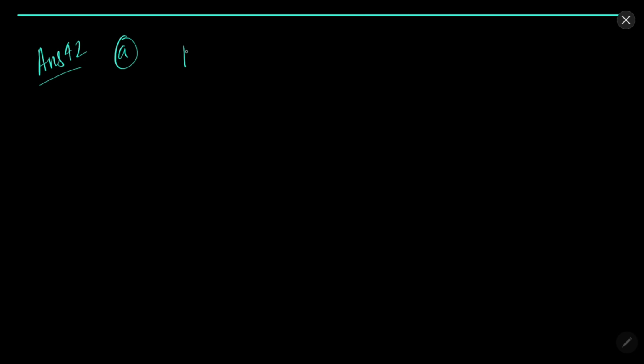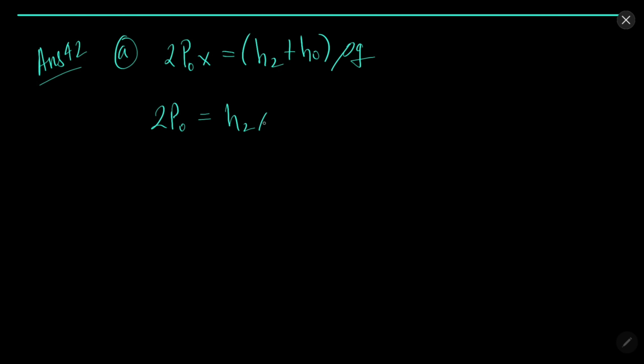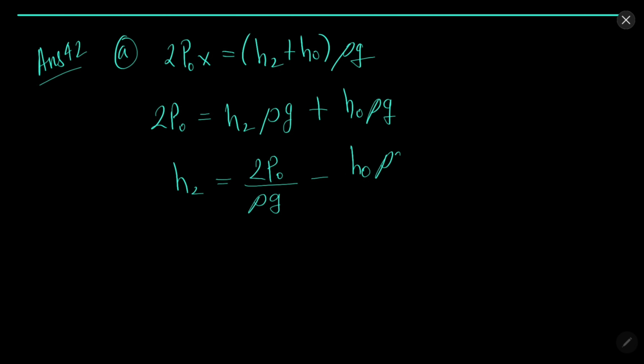A part. 2 P naught equals h2 rho g plus h naught rho g. So h2 will be 2 P naught over rho g minus h naught rho g over rho g. So it will be this much.